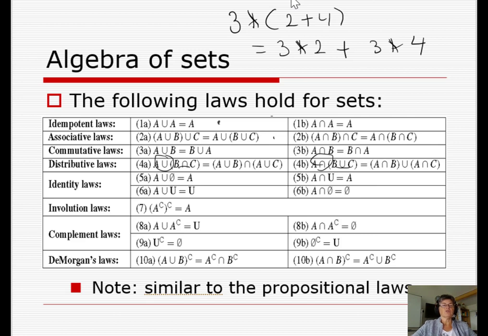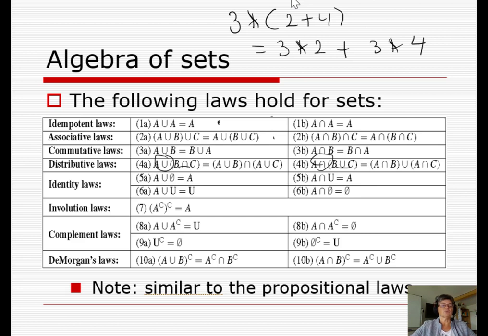Okay, then we have some straightforward laws like the identity law. If I unite a set with the empty set, it still stays the same set. And if I unite it with the universe, it becomes the universe. So if we unite with something, then it keeps having the biggest size.